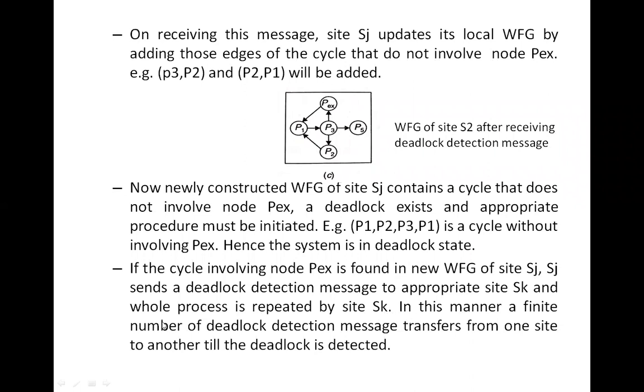In this manner, a finite number of deadlock detection messages transfer from one site to another till the deadlock is detected. So if the newly constructed WFG at the site SJ contains a cycle without involving PEX, it will declare that the deadlock is detected. There is a deadlock.